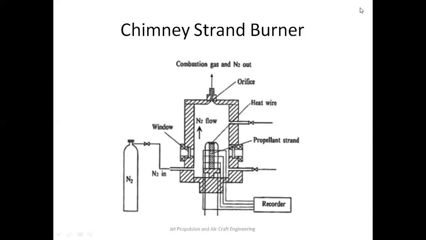It consists of a chamber with 4 quartz windows mounted on the side of the chamber wall. The nitrogen gas is passed through the base of the chamber and the flow rate is adjusted by changing the size of the orifice, as you can see on the left hand side of the figure. The orifice is mounted on the top of the burner.